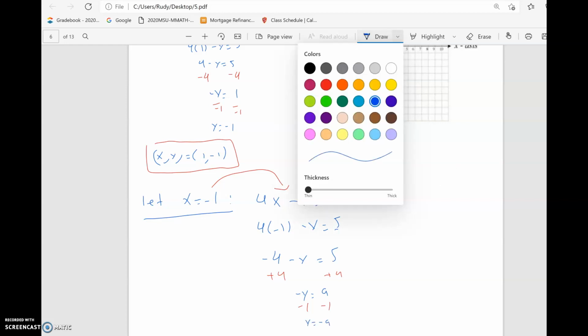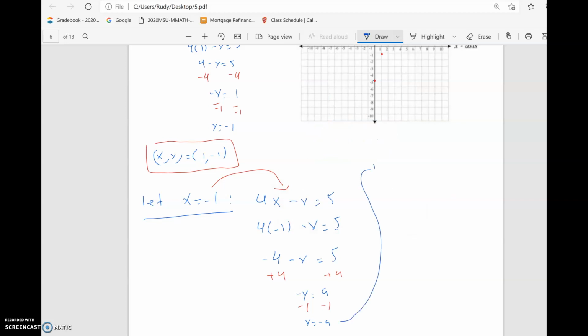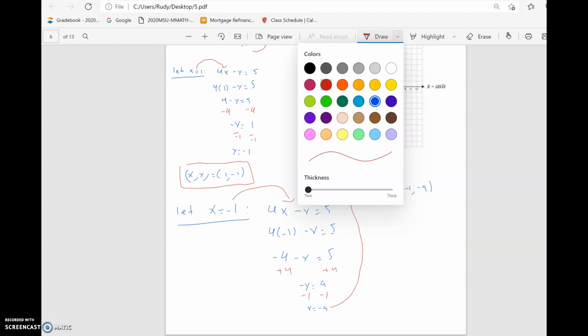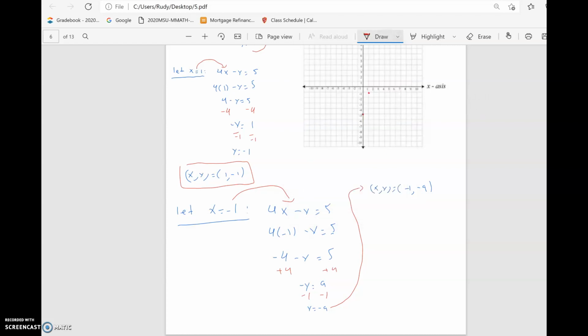Let me just move this here. And then write our solution. In this case, as an x and a y, you're going to end up with -1, -9, which is going to be a little bit hard to plot given the scale.